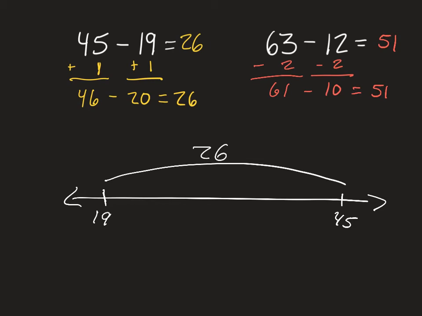If I increase each one by just 1, and then that's 46, the space between the numbers stays the same. So you're shifting the numbers down the number line so that the number that you're subtracting by is a landmark number.